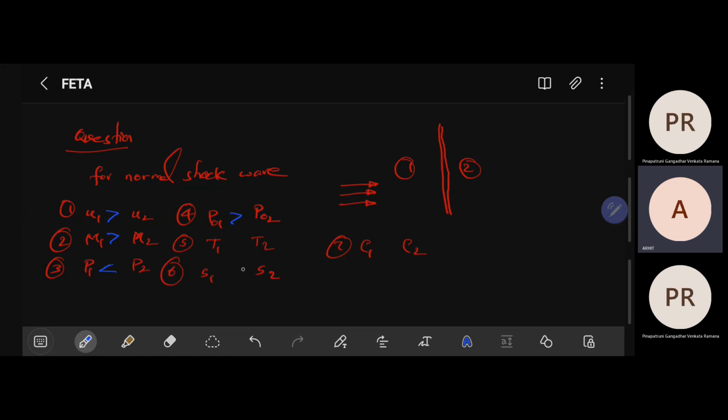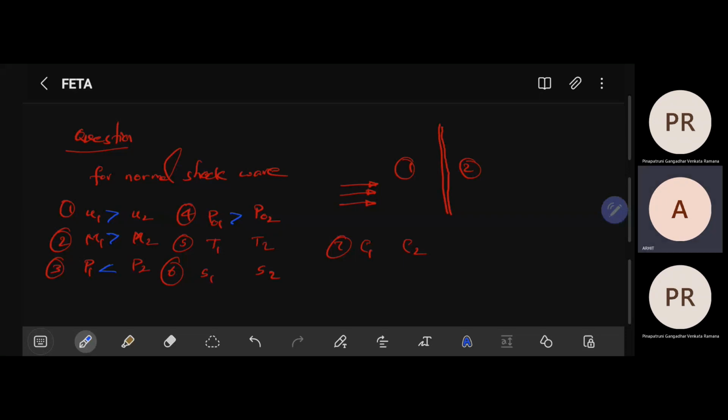Okay, that is correct. Stagnation pressure, what you said is correct. And what about temperature, static temperature? Static temperature is normal in the case of shock waves, sir, it is basically adiabatic in nature.